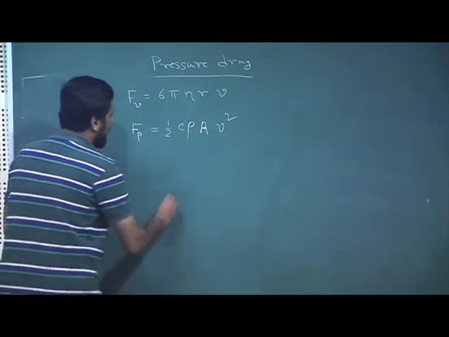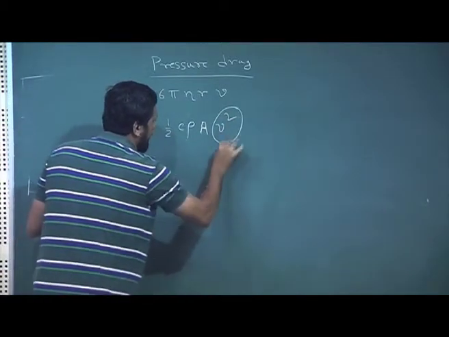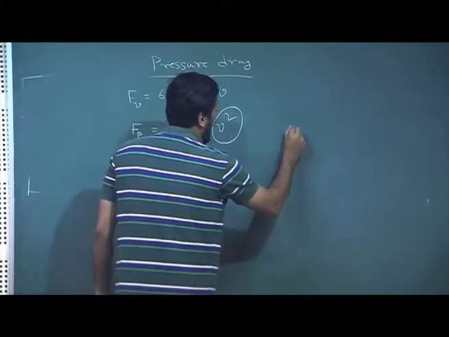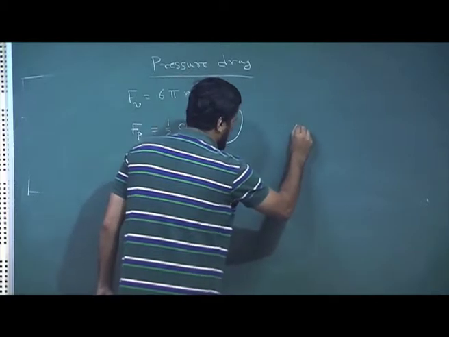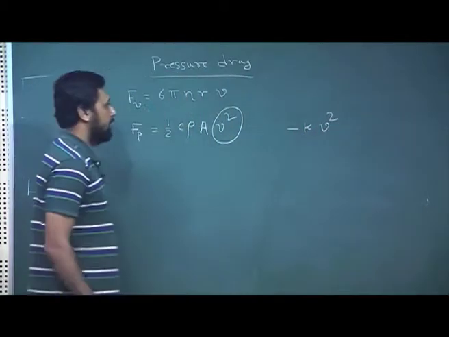But let us not go into all the details, but what is more important is this v square. So, essentially we can represent this force in our equation as minus k v square.